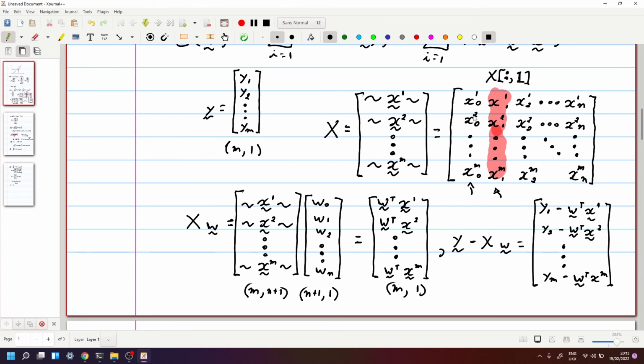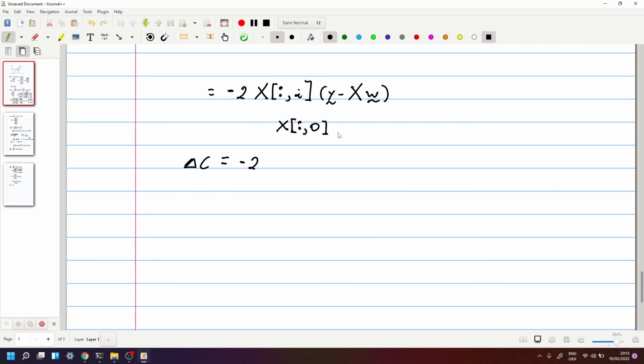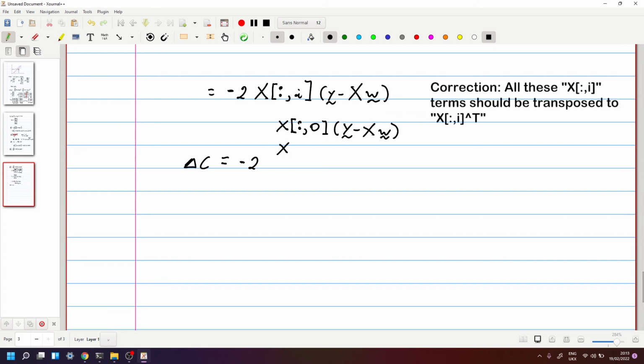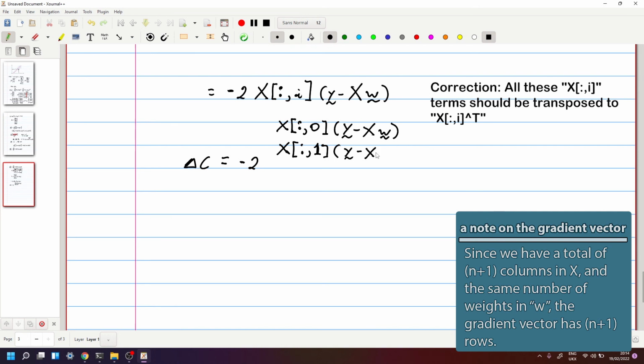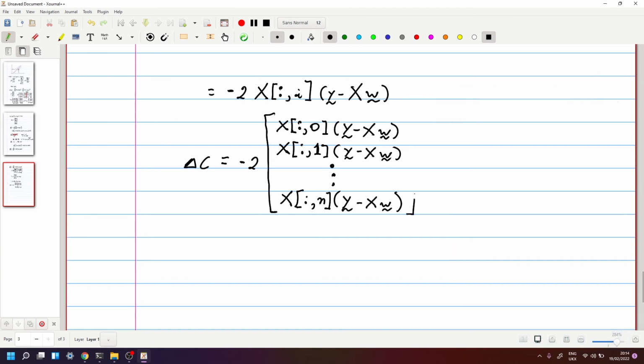So instead of starting from 1, we're going to start from the 0th column. So we've got that times y minus xw, and the same thing for the other one, for the first column. So we're going to take the first column, and the same thing here, and so on. So this is our gradient vector.